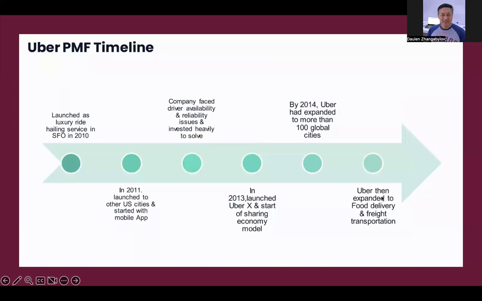And now Uber has expanded to food delivery and freight transportation. I'm sure they're not sitting idle. They are also thinking about other features. That's why they're still on the market. This is the reality we are facing now. If you want to survive, you should stay flexible. You should stay open to other opportunities.